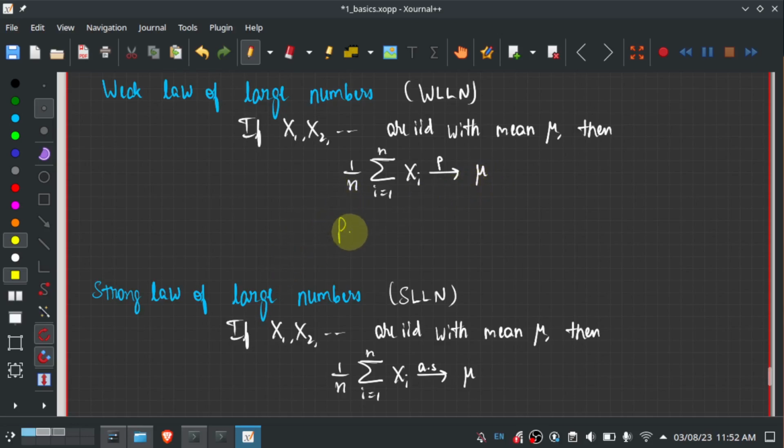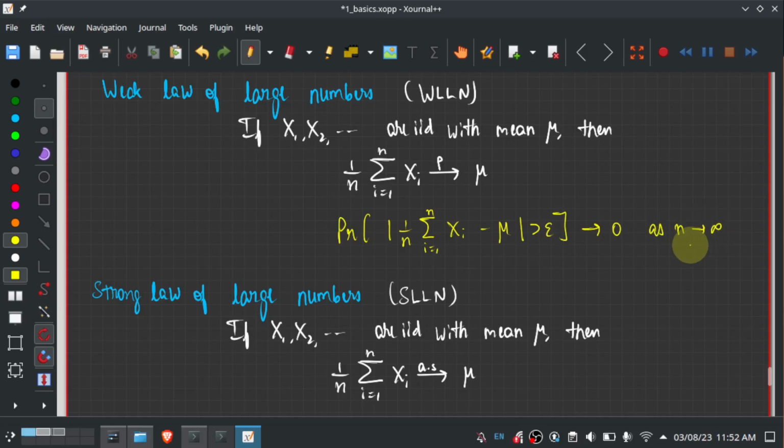So the probability that |(1/n) summation i equal to 1 to n Xi minus mu| is greater than epsilon tends to 0 as n tends to infinity.